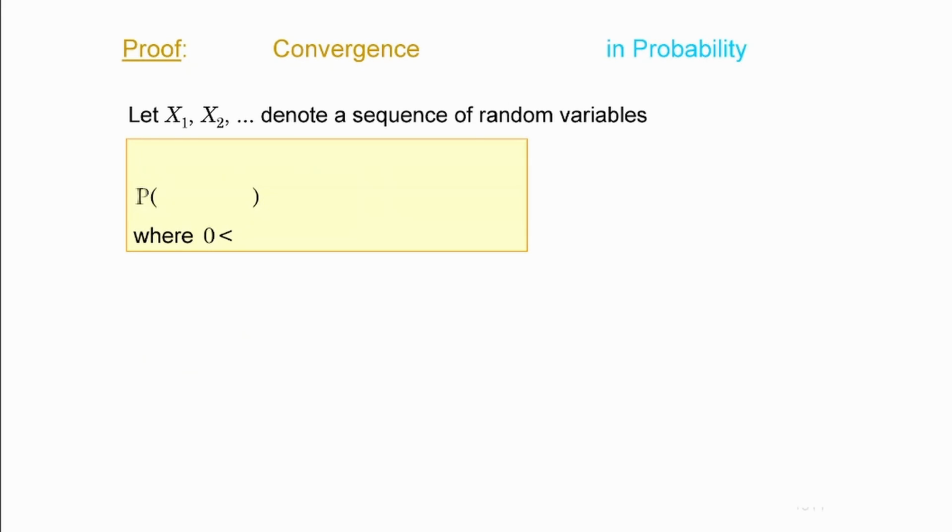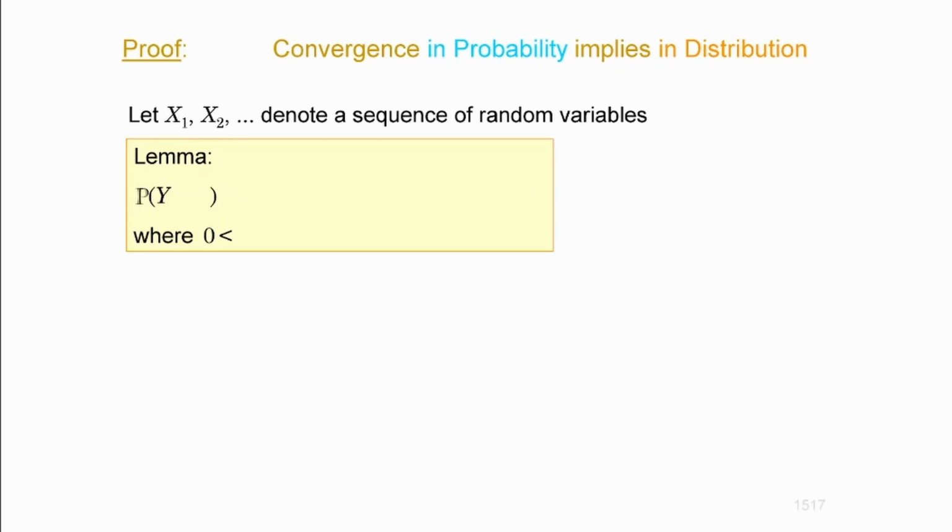Now, if you want to prove that convergence in probability implies convergence in distribution, you need another trick, and that has no name. I couldn't find one, so I don't know what to look for. So when considering two random variables, the probability of one not exceeding a certain value is not going to be greater than the probability of another not exceeding another value, where a distance is involved.